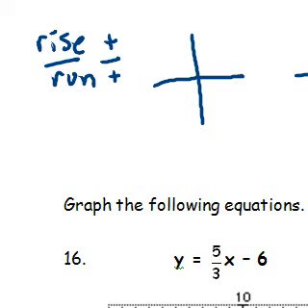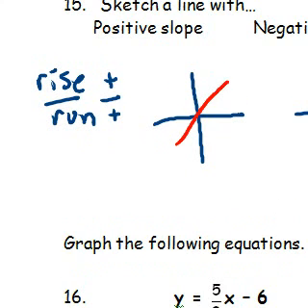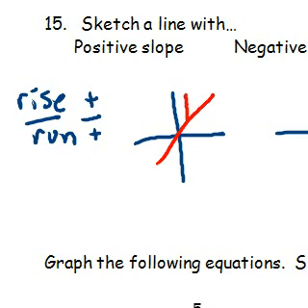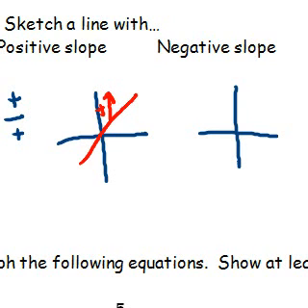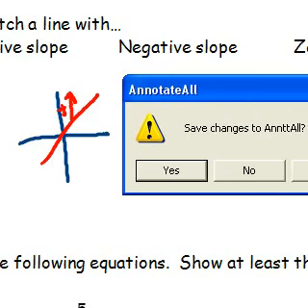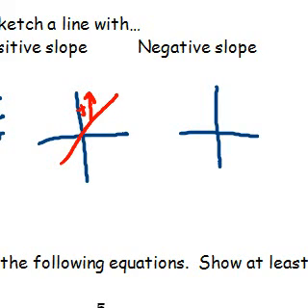A positive slope could look something like this, where the rise is positive and the run is also positive.